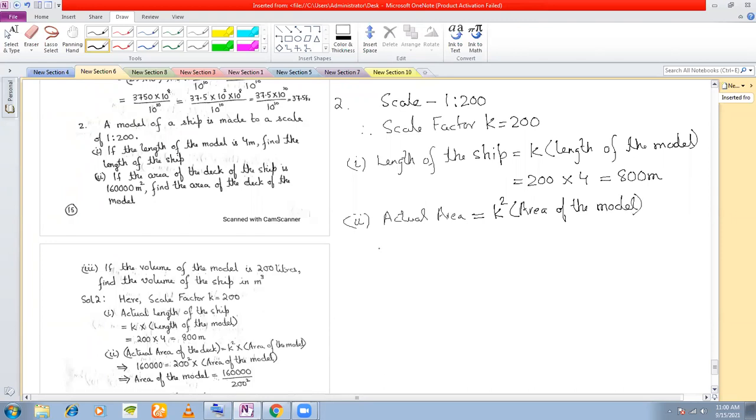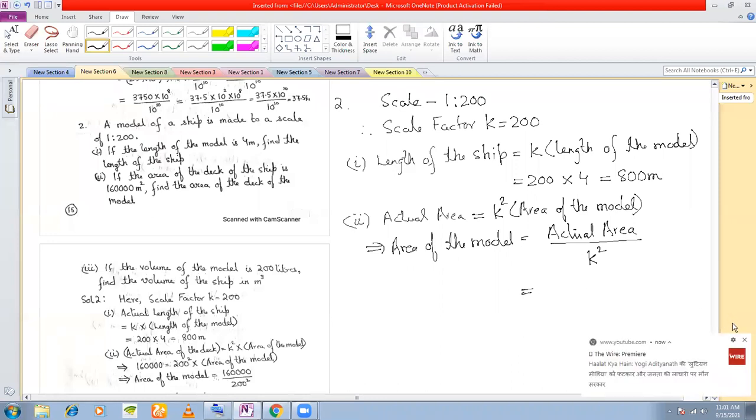You need to find out the area of the deck of the model. So the area of the model is equal to actual area divided by K square.